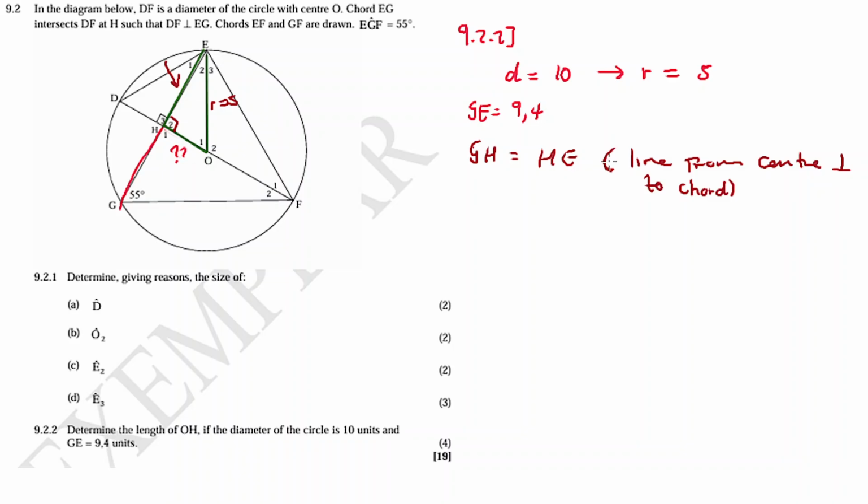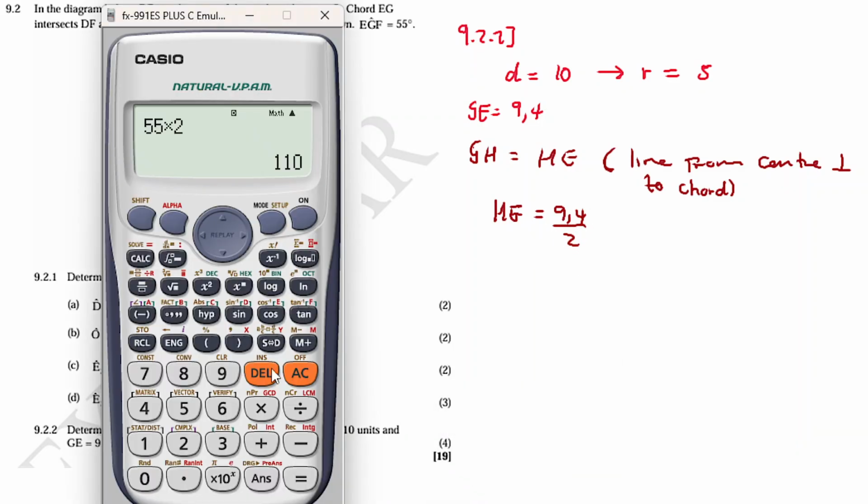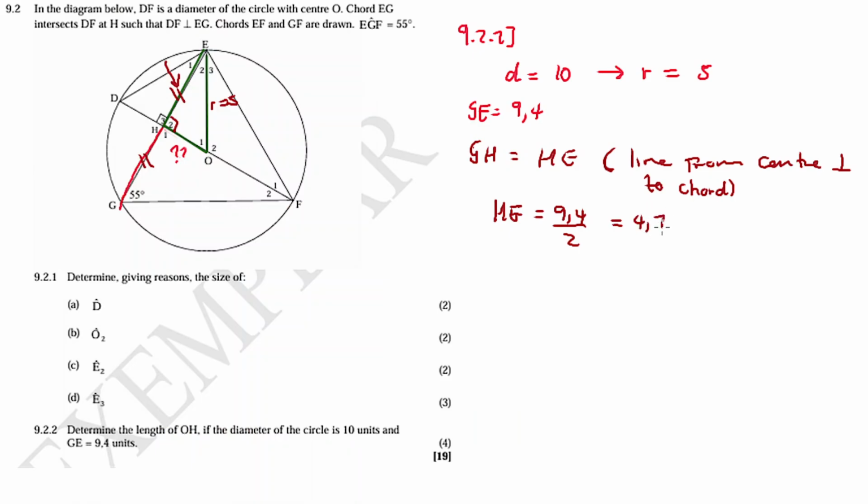When a line is perpendicular to a chord, it means the chord is divided into two equal lengths, so GH is equal to HE. Since I want HE, HE will be equal to 9.4 divided by 2. 9.4 divided by 2 gives us 4.7 units. So now we have 4.7, we can work our way to getting OH.